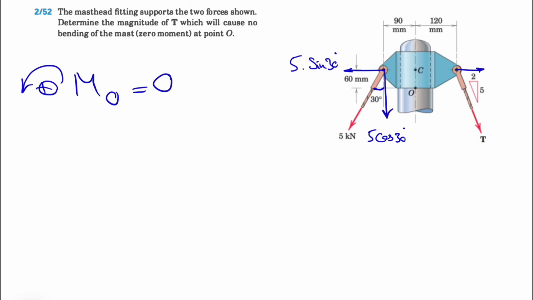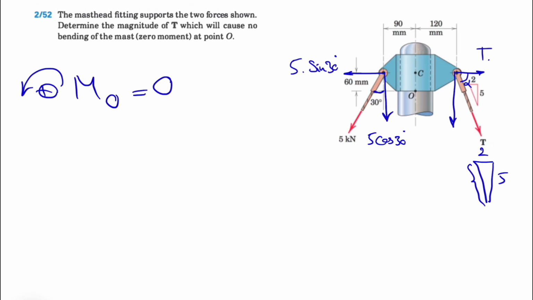And same here, we have two components for T. One of them is T cosine of this angle here, alpha. Since we have this right triangle, we know this side is 2 and this side is 5, meaning based on the Pythagorean theorem, this side will be square root of 4 plus 25, so this will be square root of 29.